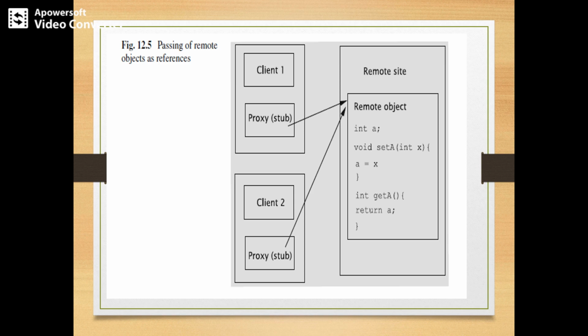That is why we pass a reference to an object, one which has references throughout the different client machines, that is, the remote site.